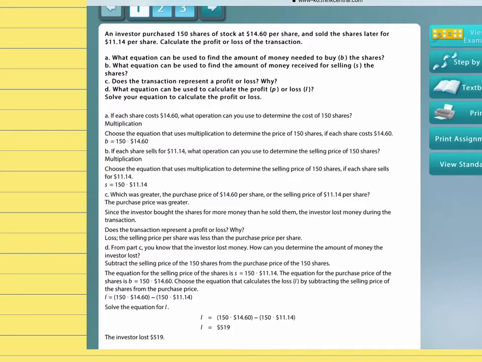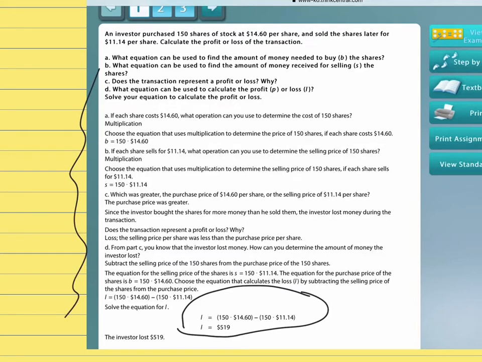It's a lot of numbers, but anyways, let's just skip down to this. So you're seeing their math here. They do shares times cost of purchase minus shares times sales price, and you get a loss of $519. You can go ahead and review this procedure, plug in the numbers that you have on Think Central, and you should get the correct answer.